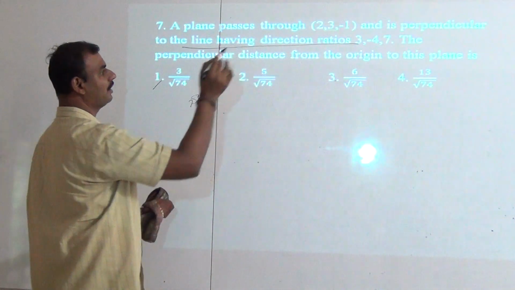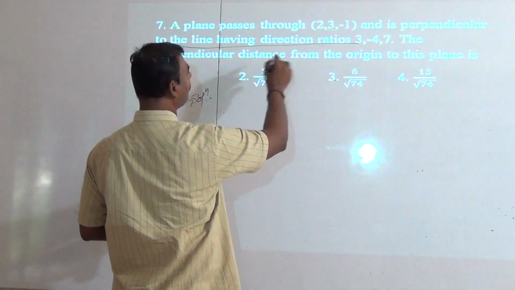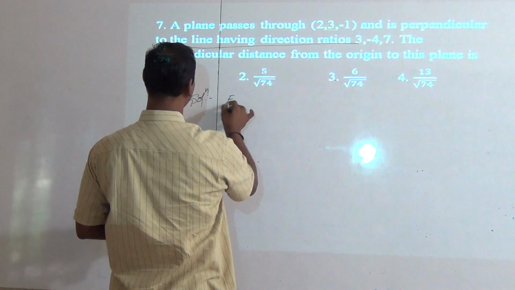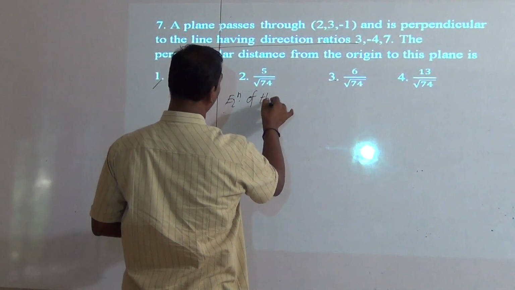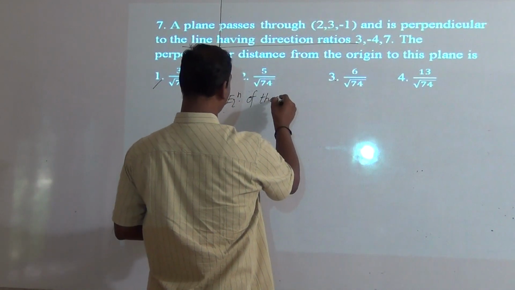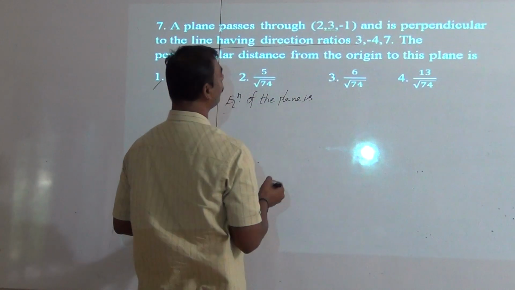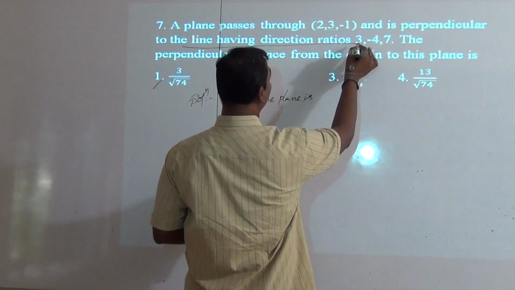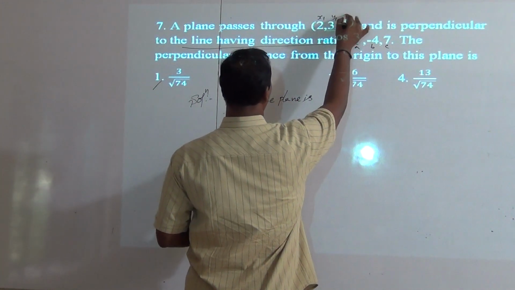Firstly, what is required? The equation of the plane. The point is given and the DRs are given, so we have just seen the formula. Let me go directly for the answer. The equation of the plane is A(x minus x1) plus B(y minus y1) plus C(z minus z1) equals 0. Remember, this is A, B, C and x1, y1, z1.